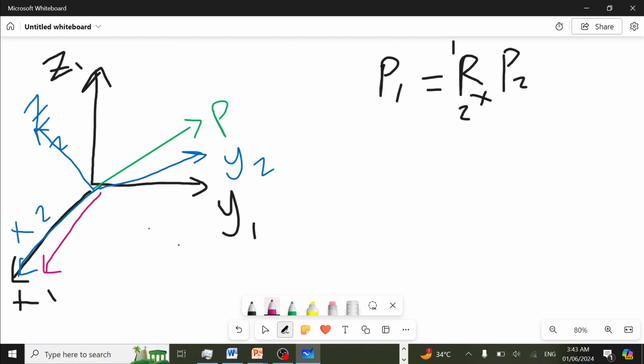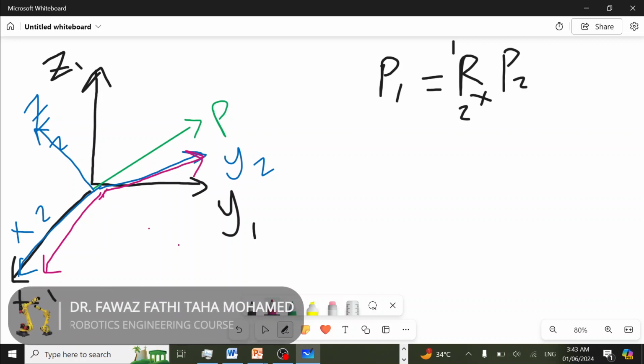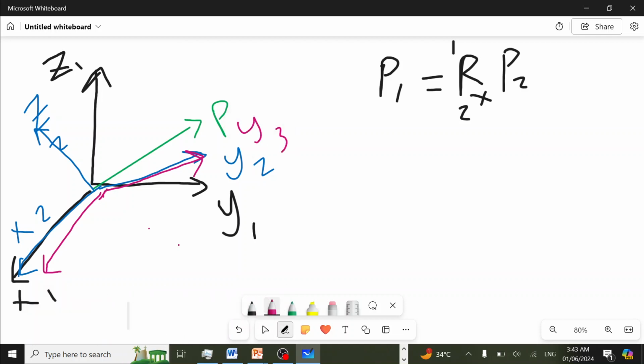If I want to draw it, here it is, the y, you can call it y3, x3, and here the z3, for example. We make a rotation around the y-axis.